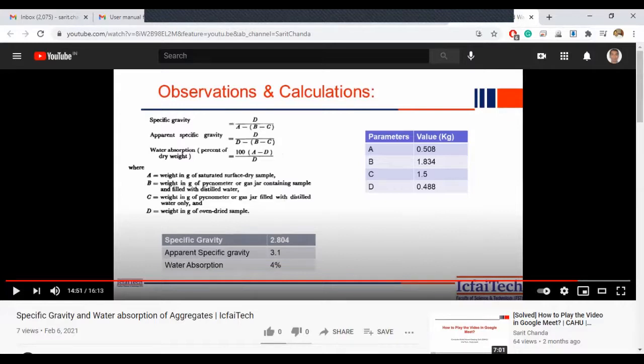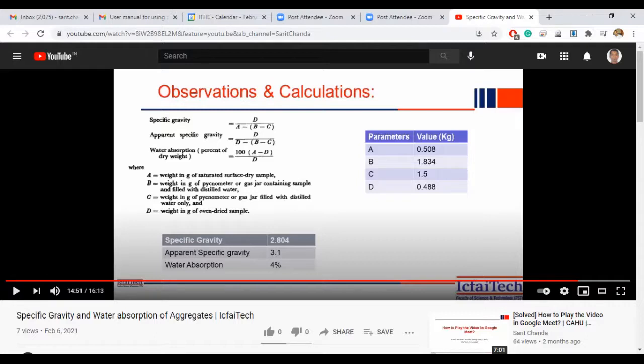Now what is B? B is the weight of the pycnometer plus water plus aggregate, right? The 508 gram of aggregate we got, we keep in the pycnometer and fill the pycnometer with distilled water. Actually, we have to use distilled water, although we used normal tap water, but in a real-life experiment you should use distilled water.